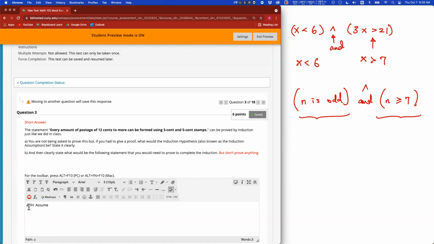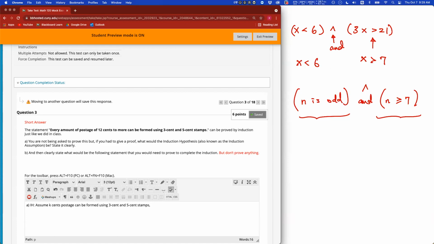So to have the inductive hypothesis, you will assume K cents postage can be formed using 3 cent and 5 cent stamps.